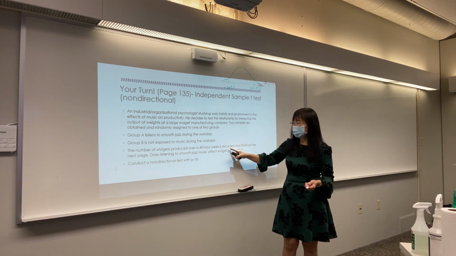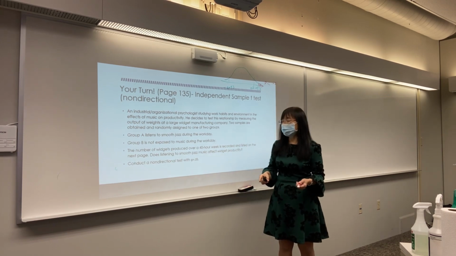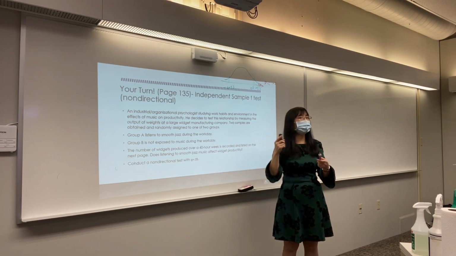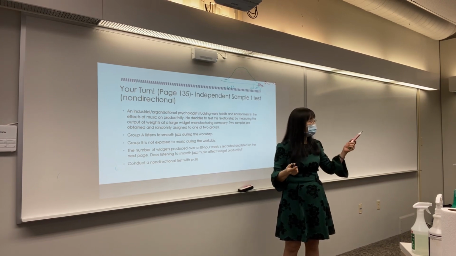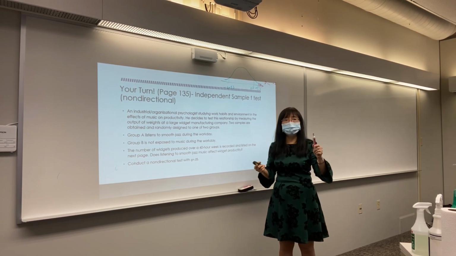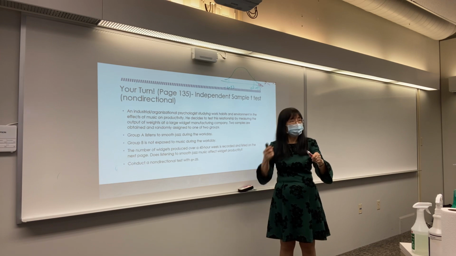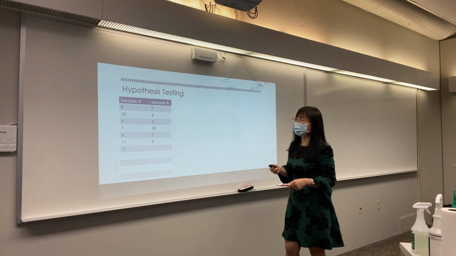Then you want to see, with an alpha level of 0.05, whether the music group and non-music group are different in their productivity. Here they say non-directional. So if non-directional, is it one tail or two tail? Two tail. Okay, and the number is much, much smaller.